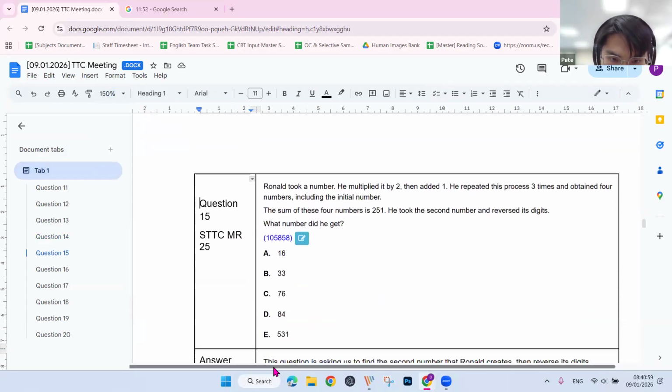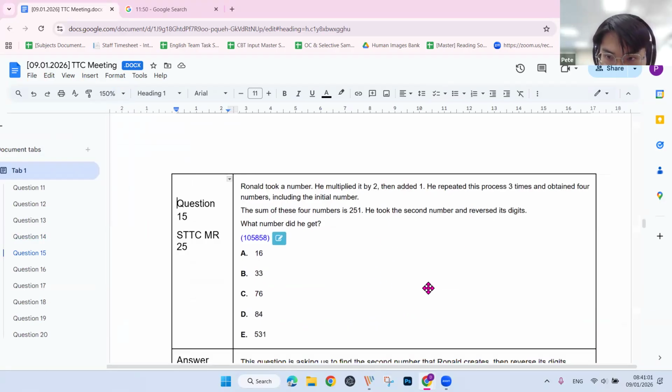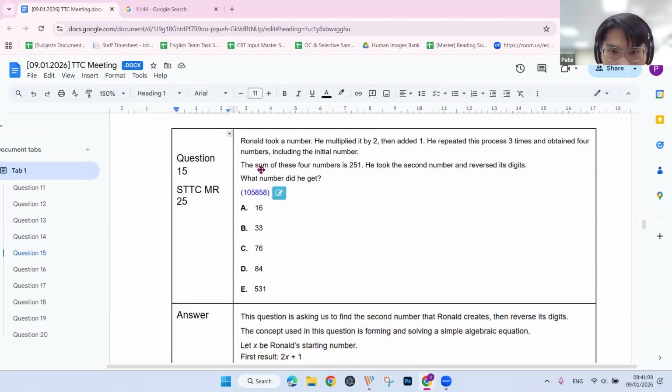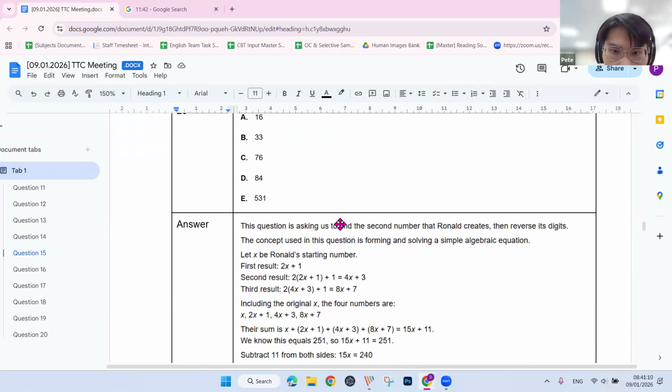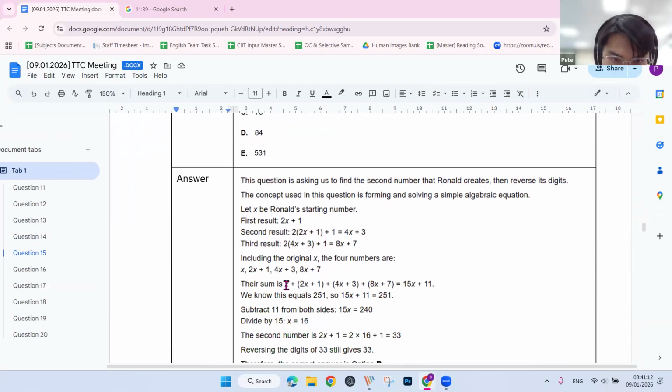So we need to find the number Ronald gets based on the pattern given here. We let the starting number be x, that would be the first number.